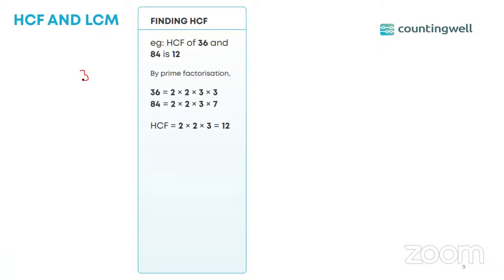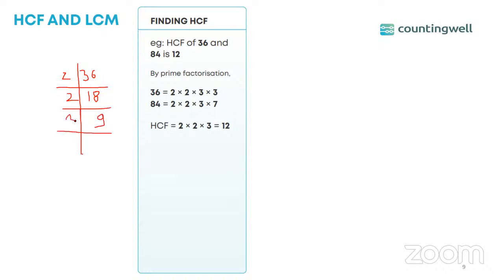So for 36, if we use the division method, you can prime factorize it as follows. 2 ones are 2, 2 eighteens are 36. That means 2 into 18 is 36. Then we have 2 nines are 18.